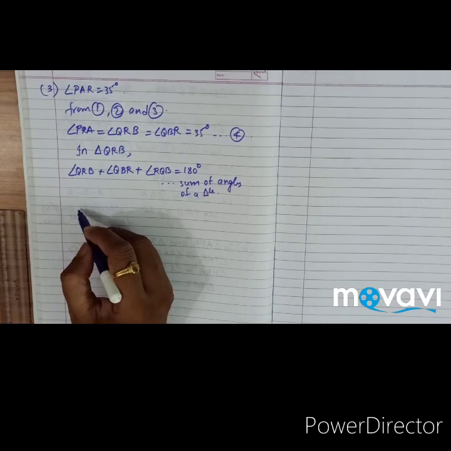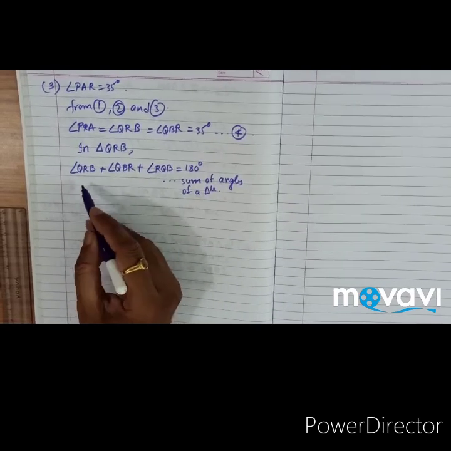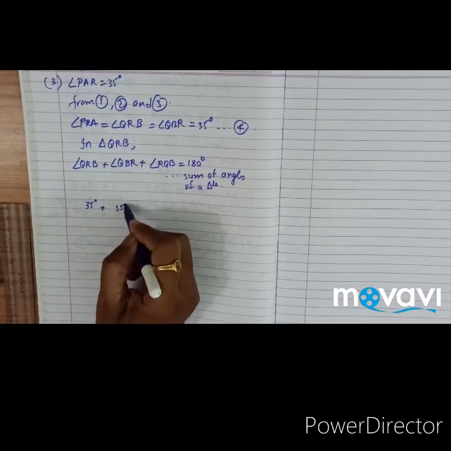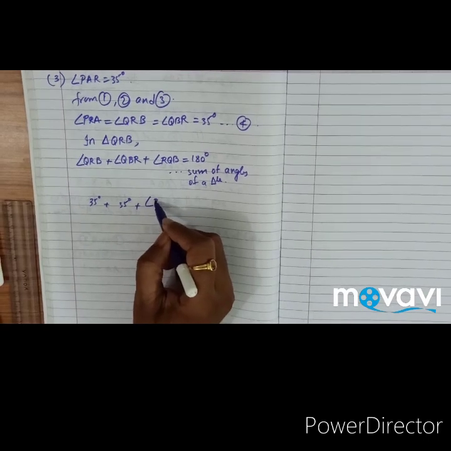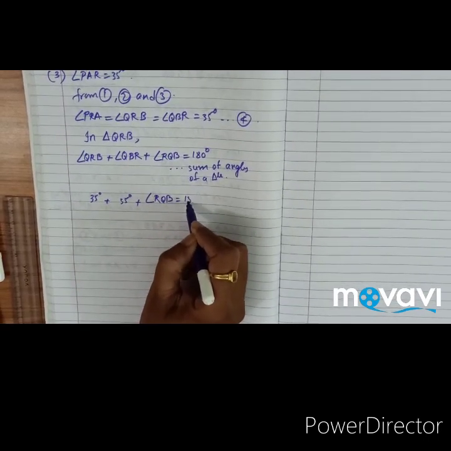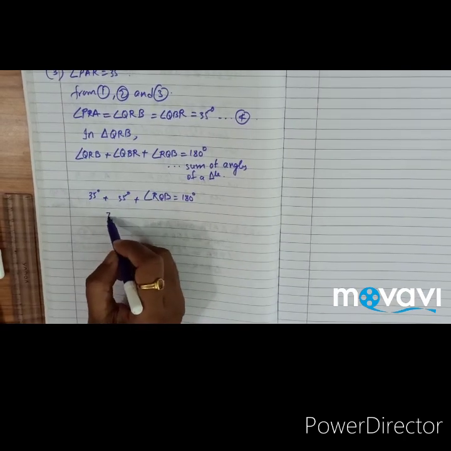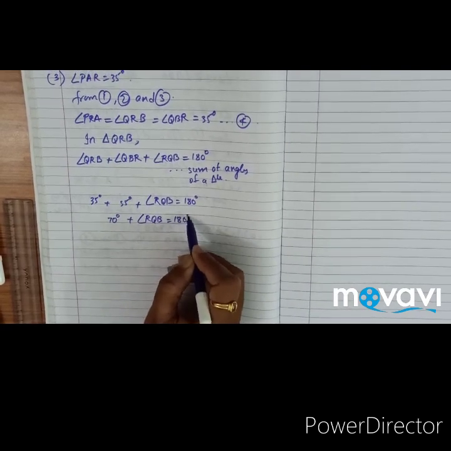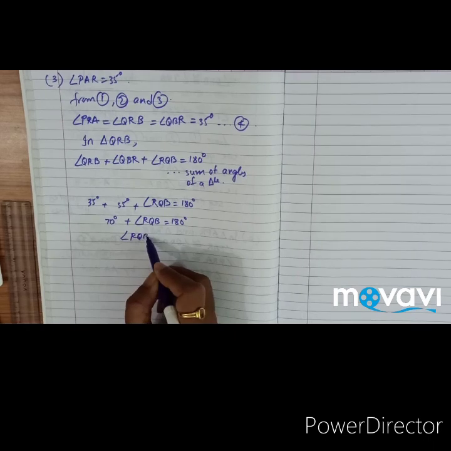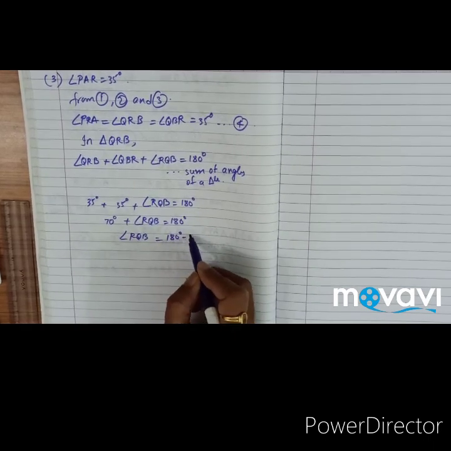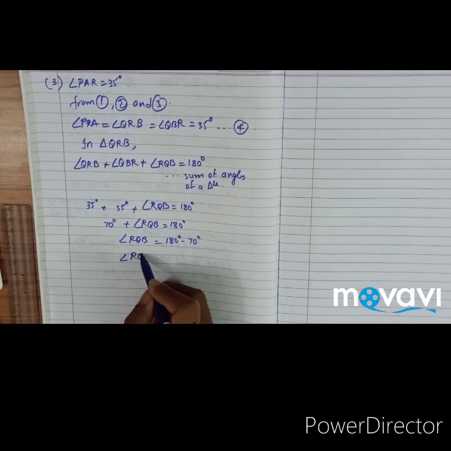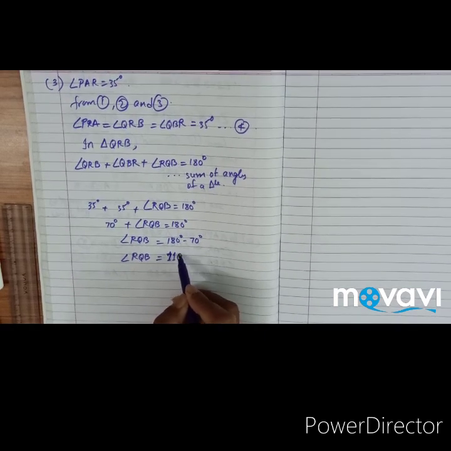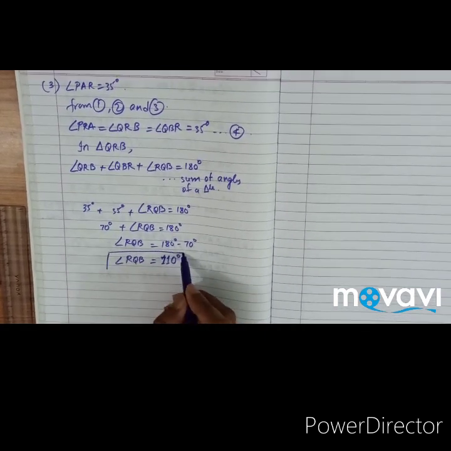So you already know the base angles: R is one angle, that is 35 degrees, plus this side B is one angle, that is 35 degrees, plus this angle is what you are supposed to find, RQB, is equal to 180 degrees. So I have just substituted the values. This becomes 70 plus RQB is equal to 180 degrees. So angle RQB will be equal to 180 degrees minus 70 degrees. That is, angle RQB is 110 degrees. This is your answer.